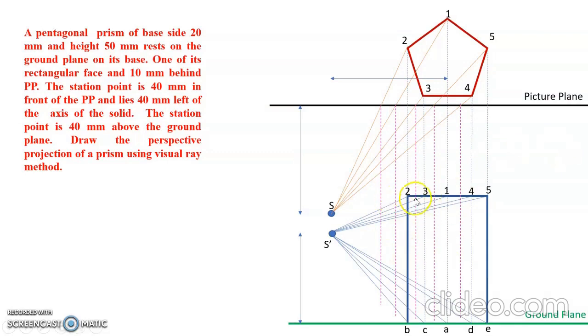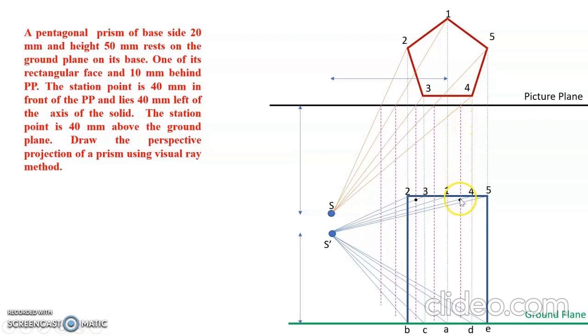First I have taken the third. Since this is the first bottommost edge, from 3 to S is intersecting at the picture plane here, and I have drawn a dotted line. This line is intersecting at the 3 to S dash, and now 4. This is the intersection at 4 and I have drawn a dotted line.